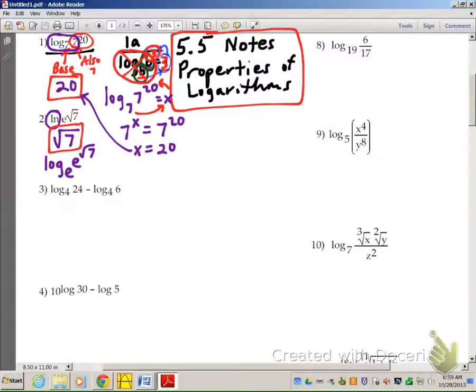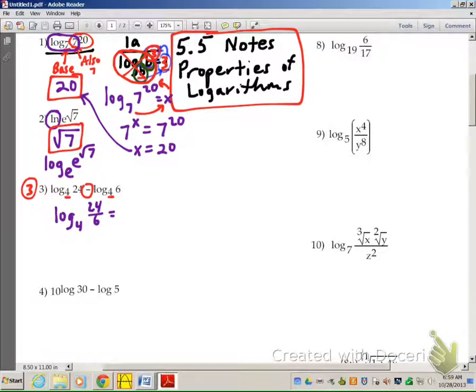Well, let's take a look at what property this would be. This would be property number 3. If we look at property number 3, we see that the difference of the logs, and they have to have the same base, so be careful with that, is the log of the quotient. It doesn't matter what the base is. In this case, the base happens to be 4. And so the difference of the logs is the log of the quotient, which is the log of 24 over 6.